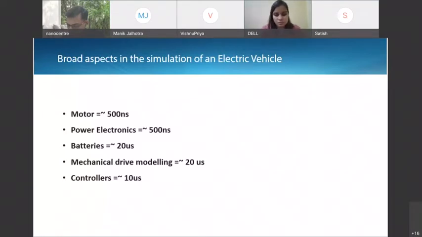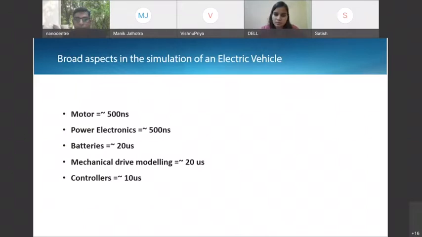If you are working with a power electronics converter, because of the advent of the new wide bandgap semiconductor devices, the simulation needs to run at a very high switching frequency.